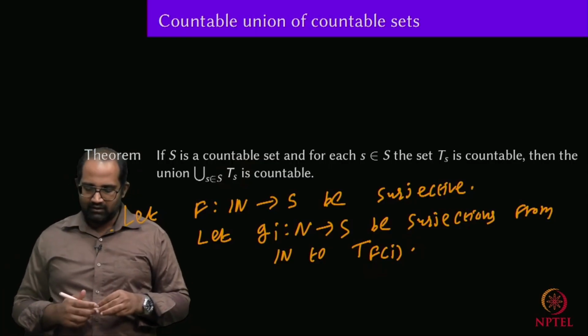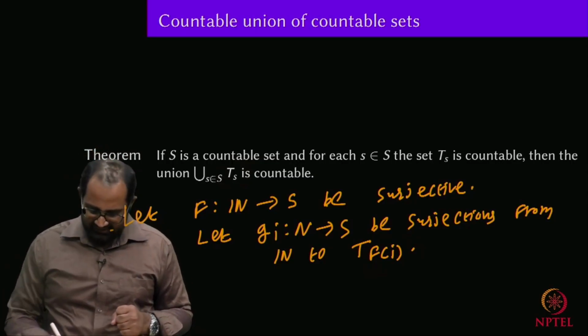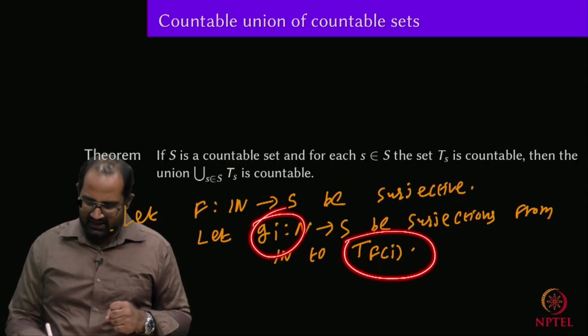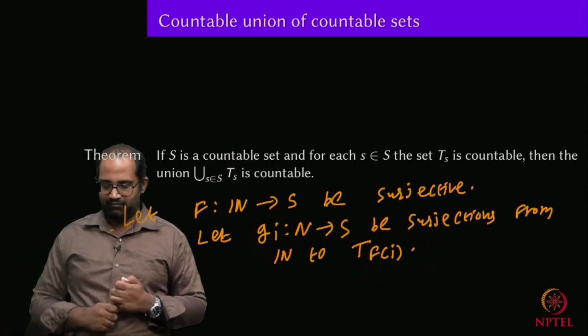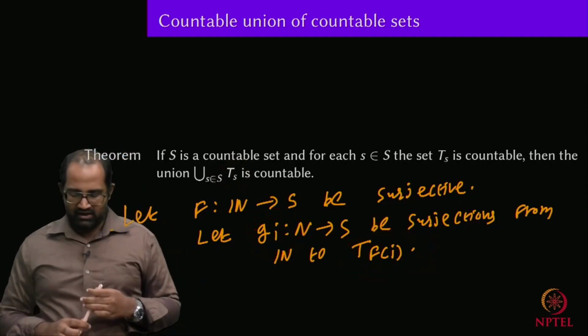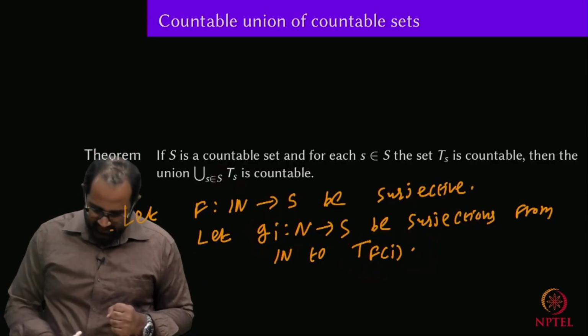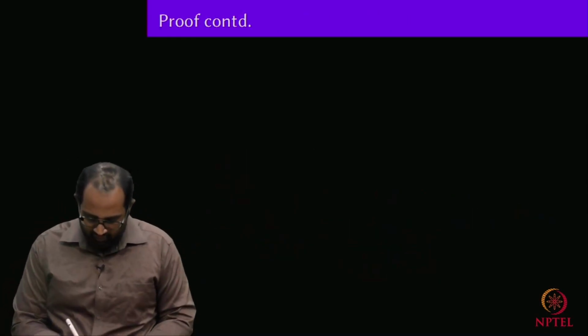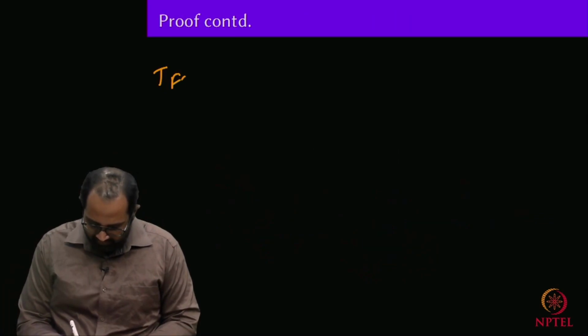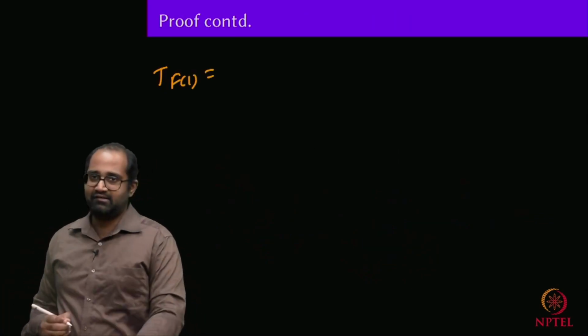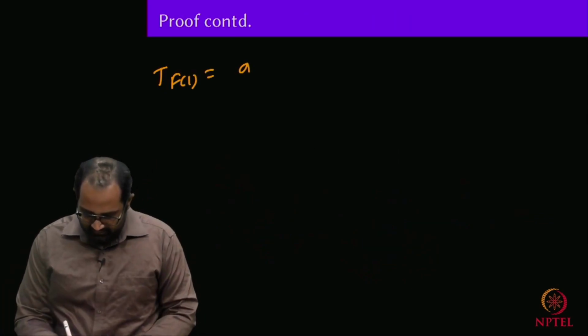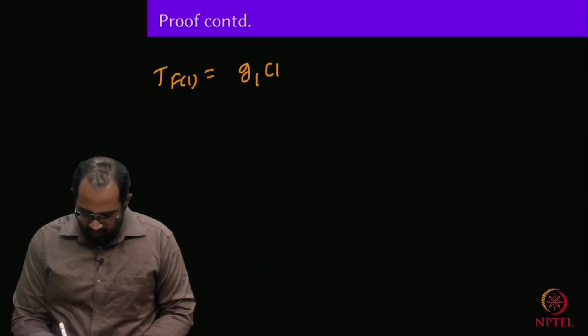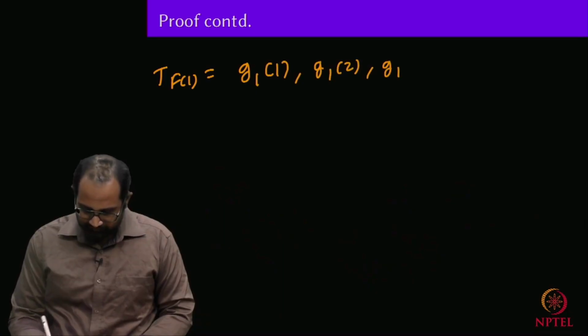So each of these g_i essentially allows me to list the elements of T_f(i). We can list out the elements of the first set T_f(1) as g11, g12, g13 and so on.